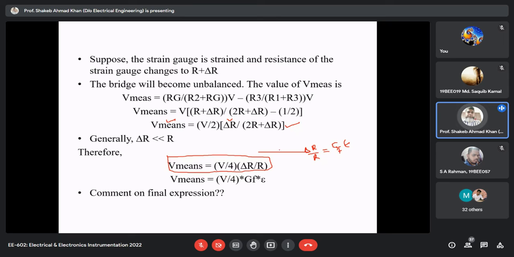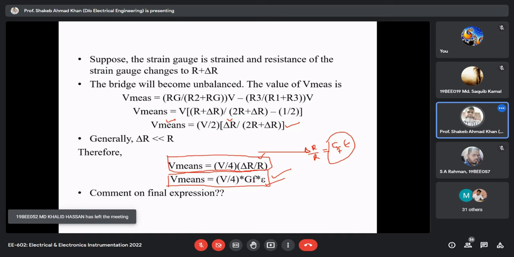Now we'll replace here delta R by R by this expression. So finally we are able to find this final expression. If you know for a particular setup these constants, obviously your strain should change, but other coefficients, other terms, should be constant.